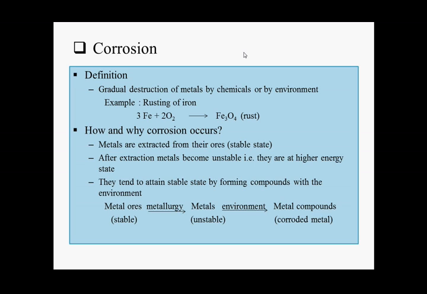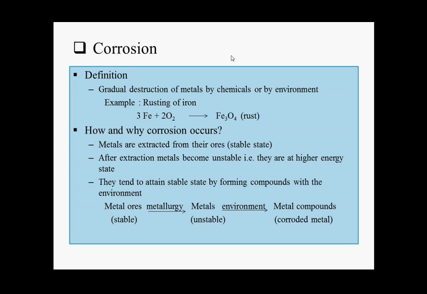So, when a metal is exposed to the atmosphere, chemicals present in the atmosphere, or also gases like hydrogen, nitrogen, oxygen, hydrogen sulfide, etc. in the atmosphere will come in contact with this metal and the metal gets destroyed, and that is called corrosion. As a result of corrosion, various useful properties of the metal also get destroyed.